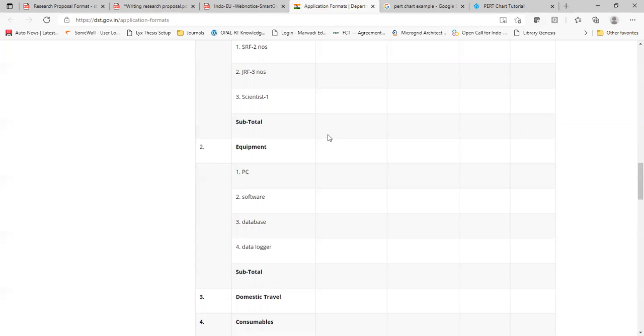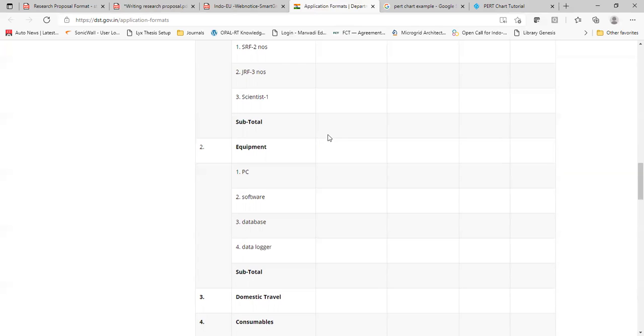So that comes under non-recurring expense. Recurring expense means PCB printing. You don't know when and how many times you need to print your PCB. If your project involves printing the printed circuit board, then it becomes a recurring expense.